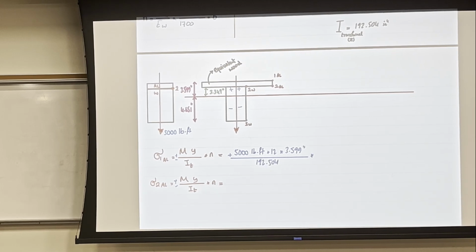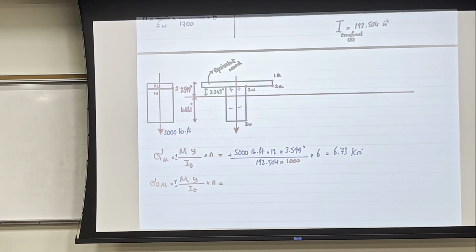Don't forget to multiply this by n, which is 6. What I'm getting is 6.73 KSI, okay? And I didn't write it here, but I divided everything by 1,000 to convert the pound to kilopound.